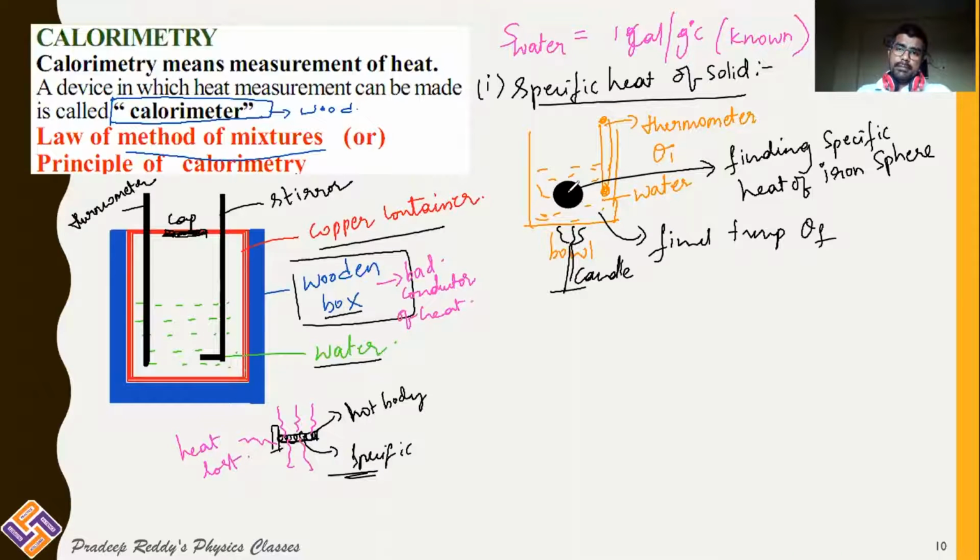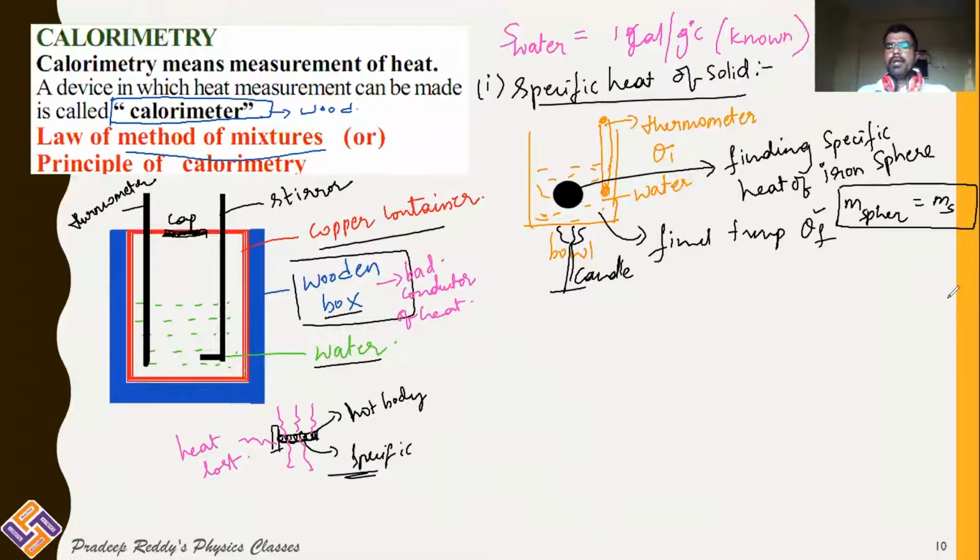Now the iron sphere has the same temperature theta F. Water also has the same temperature theta F. We know the final temperature of this iron sphere, and the mass of the sphere, I am considering it as ms.